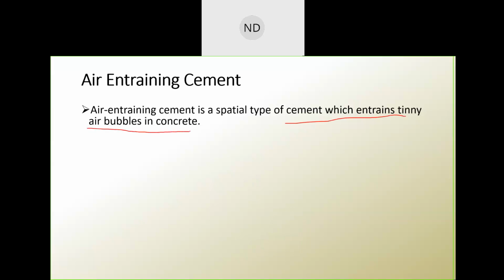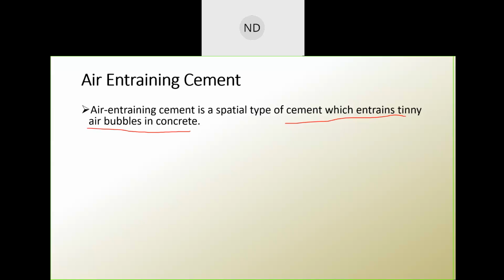These cements help in developing air bubbles inside your concrete. When you mix the concrete and use this air entraining cement, bubbles are developed. And now why do we need to develop these bubbles?